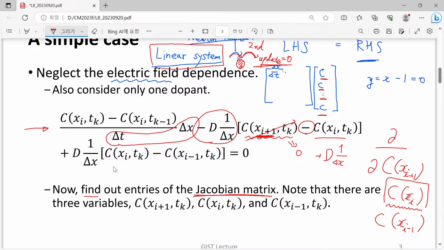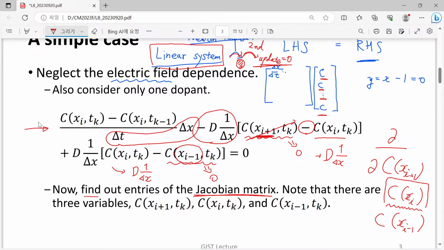And how about this term? So when we make a partial derivative, then this one will give us once again d times 1 over delta x, and this final term gives just 0 vanishing result, because this is also placed at x sub I minus 1.